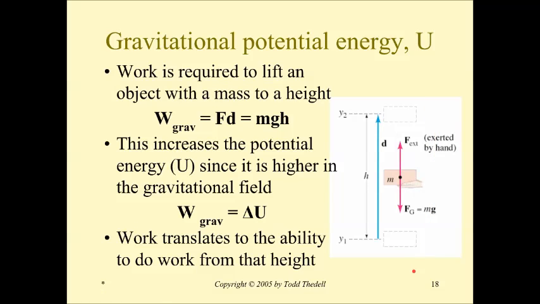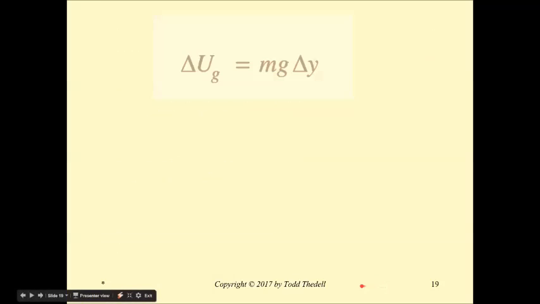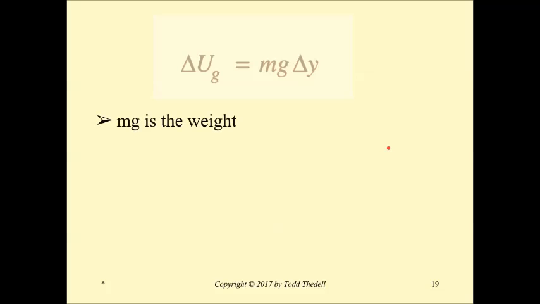So gravitational potential energy. All right, so we're going to calculate that basically this way. And so here's from your formula sheet. The change in gravitational potential energy is equal to mg delta y. So we'll focus in on that y because it's on your formula sheet.